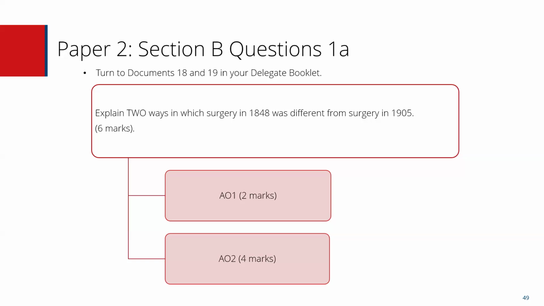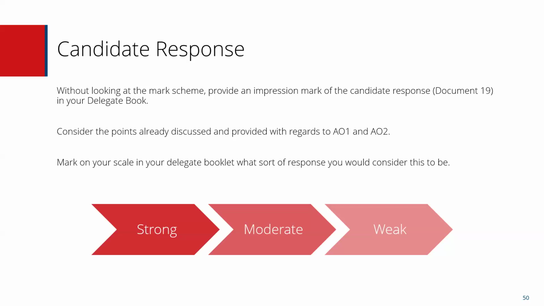Document 19. Get an overall impression here of whether you think it's strong, moderate, or weak. That's the one that starts surgery improved in the years.